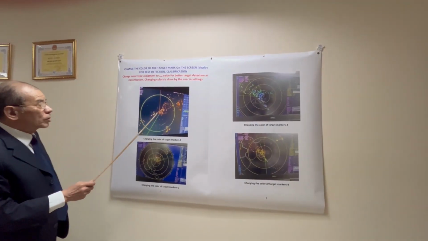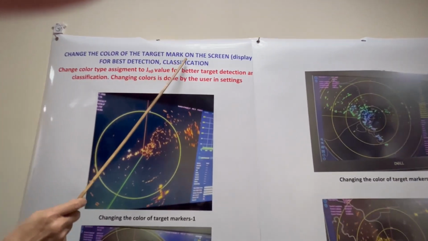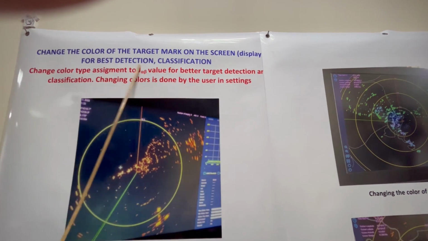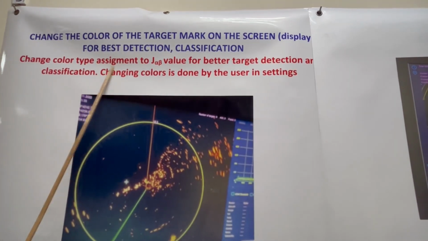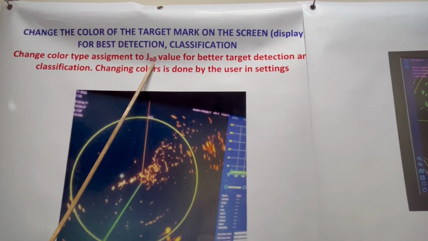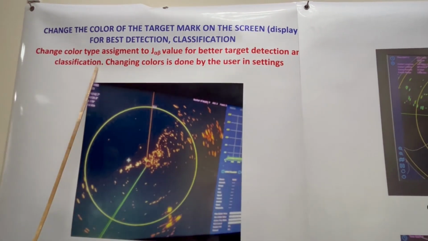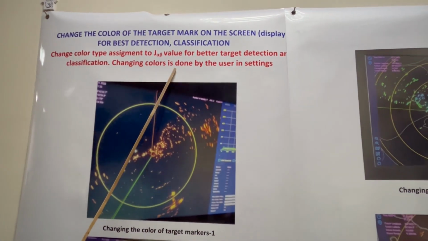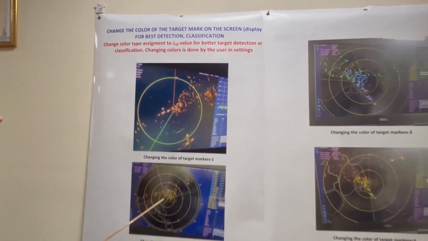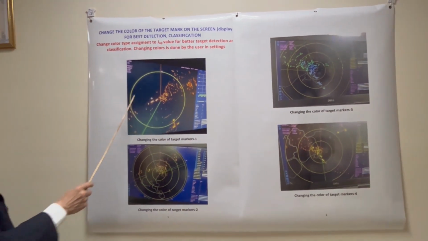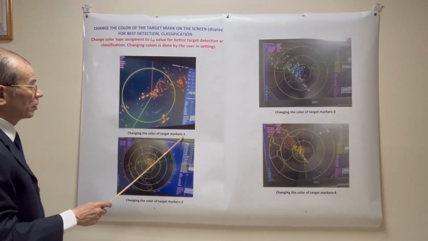Now I would like to show some pictures of changing the color of the target marker on the screen for better detection and classification. Changing color is done by the user in the computer settings. Please see the first picture. It will change the color of the target marker.